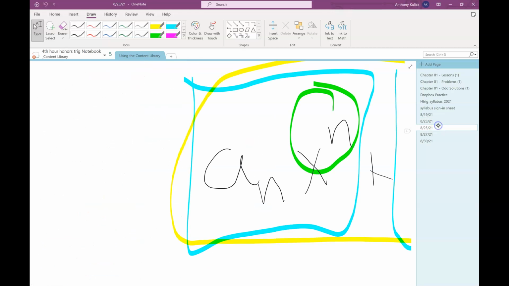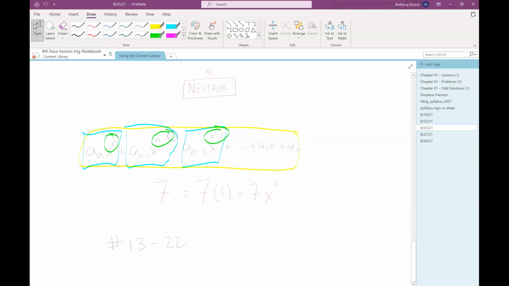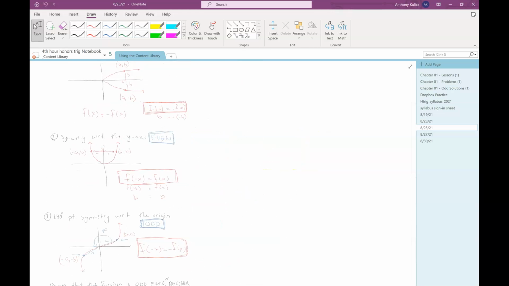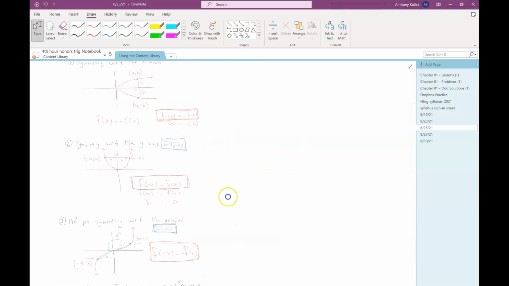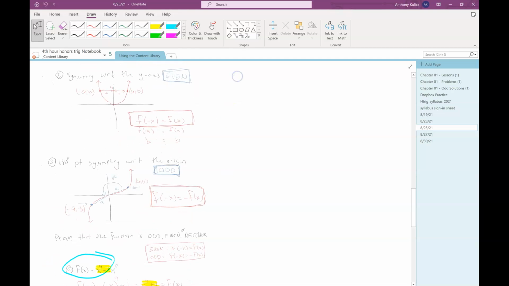I don't know where it's at here. There we go. So when we defined odd, even, and neither, those are our definitions. So notice each definition starts with f of negative x. So I'm just using that definition to do my proof. Is that okay?